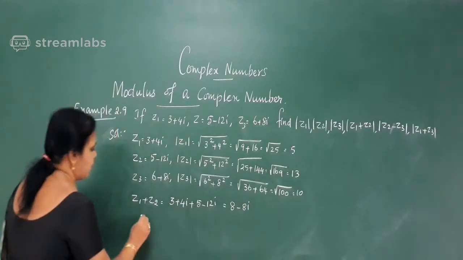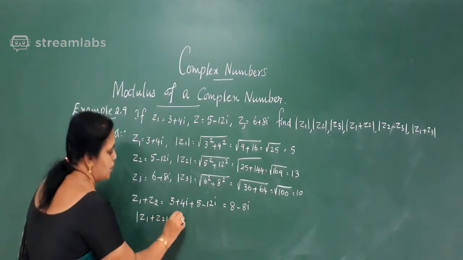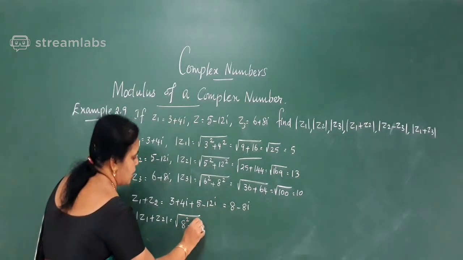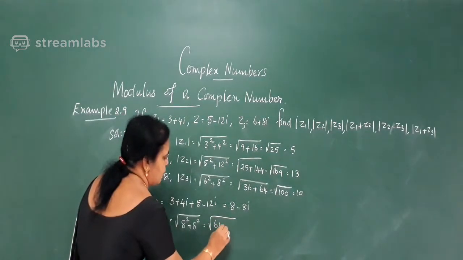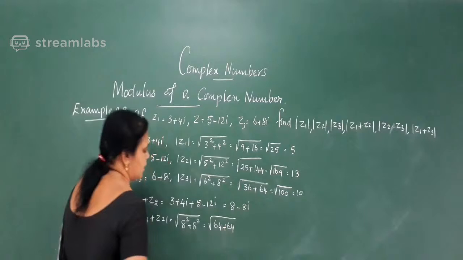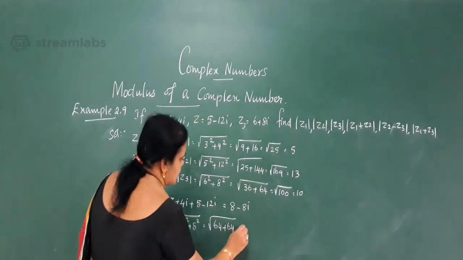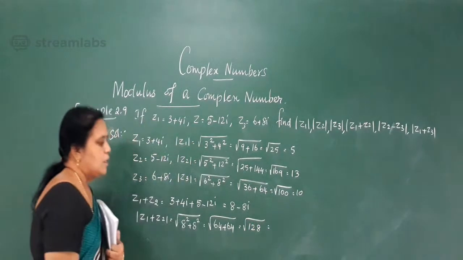Now modulus of z1 plus z2 is equal to root of 8 square plus 8 square. What will it come? 64 plus 64, 128. What will it come?